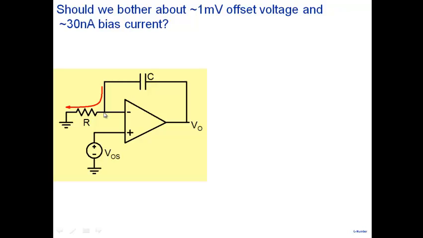Now this 1 millivolt, what will it cause? A current to flow here: 1 millivolt divided by R. Let's say R is 1 kilo ohm. So 1 millivolt divided by 1 kilo ohm, how much do you have? 1 microampere flowing. Where will this current flow? For a moment, let's not bother about the bias current. This 1 microampere will flow through the capacitor. What will happen to the capacitor?